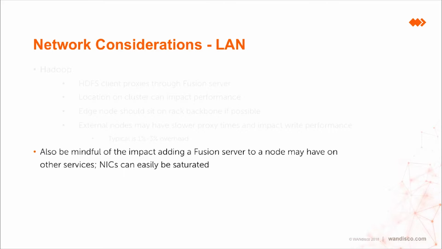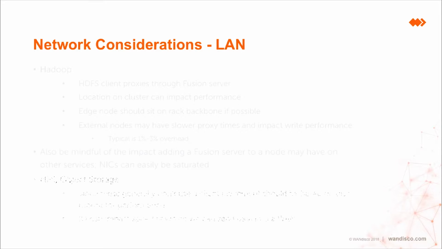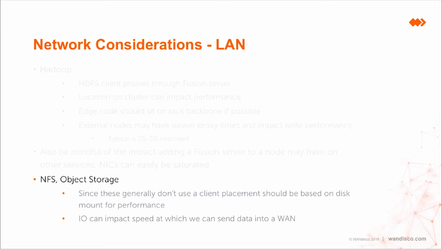I would recommend trying to get the Fusion server on its own edge node where nothing else will be running but the Fusion server. And for NFS and object storage, performance is mostly based on the disk mount. That's the most important thing to remember here.